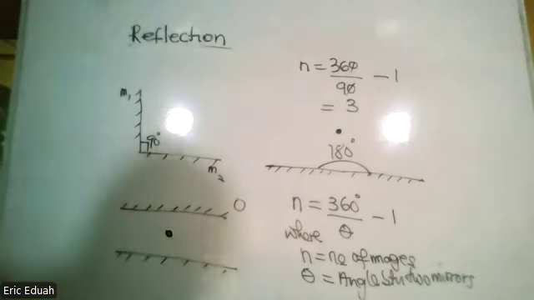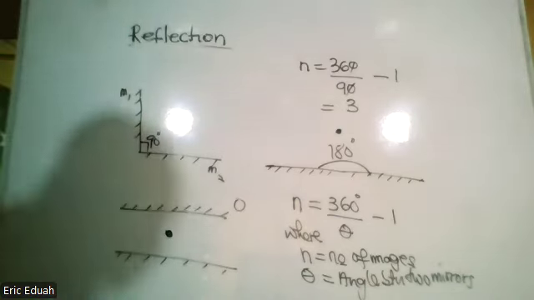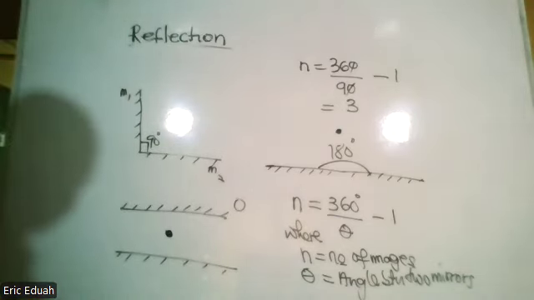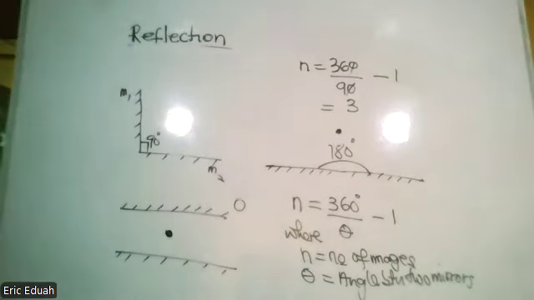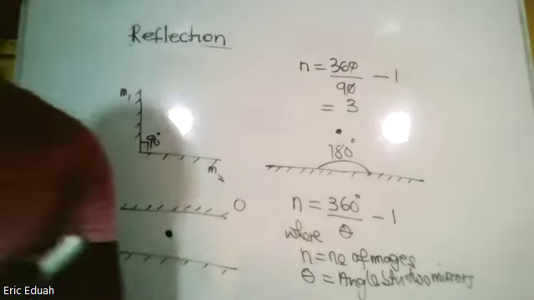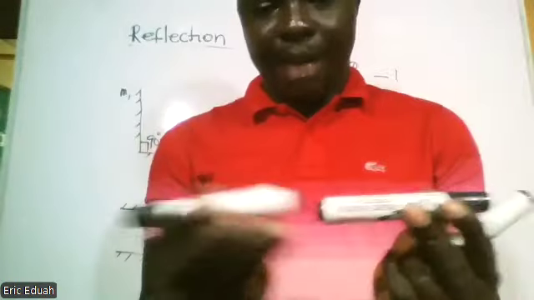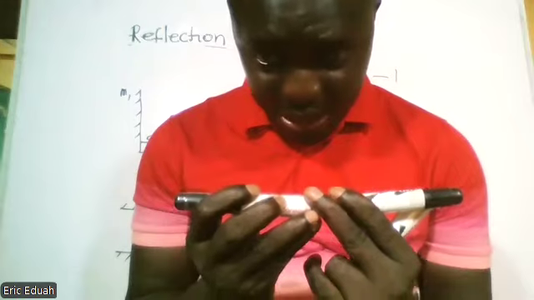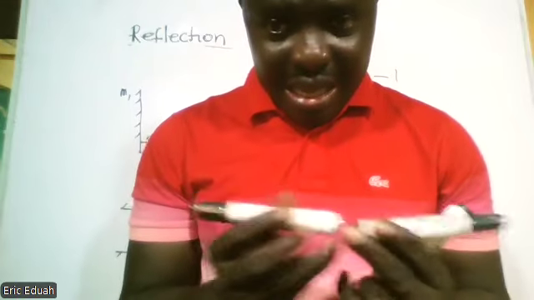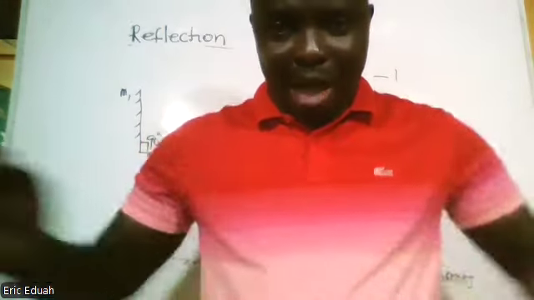If the angle between them is 180, you get only 1 image, because 180 simply means it's like joining two mirrors and looking at yourself within. You are just creating a longer mirror.